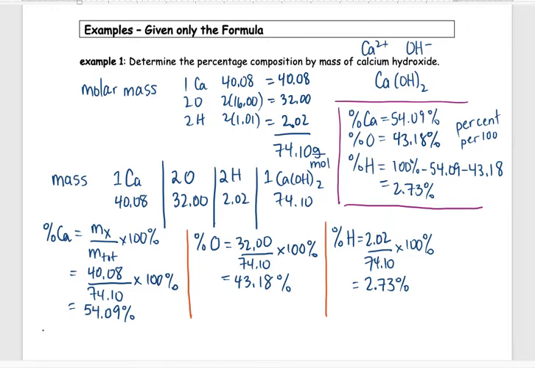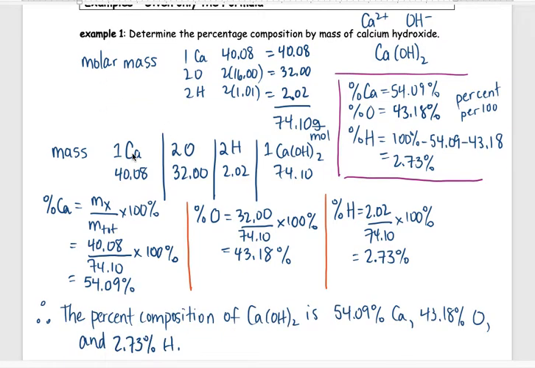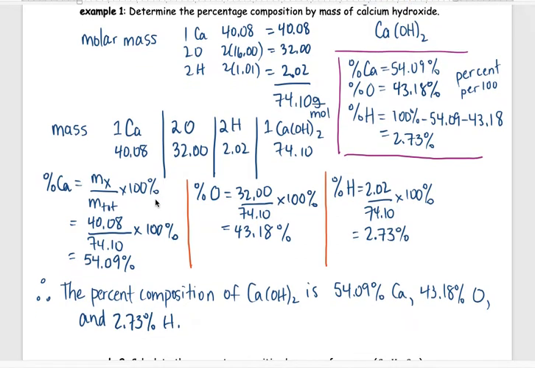Then from there, because I've been emphasizing, try to communicate your ideas properly here. What is it that you found? You just found the percent composition of calcium hydroxide to be this percent calcium, this percent oxygen, and this percent hydrogen. Here's our final statement, and here are the key words.